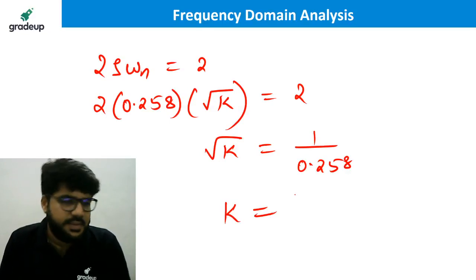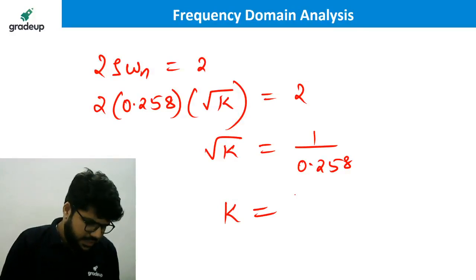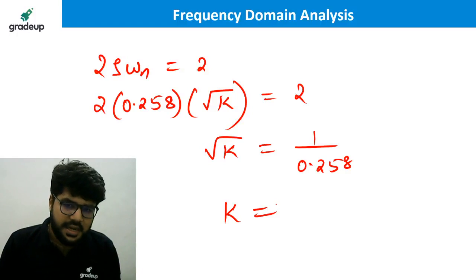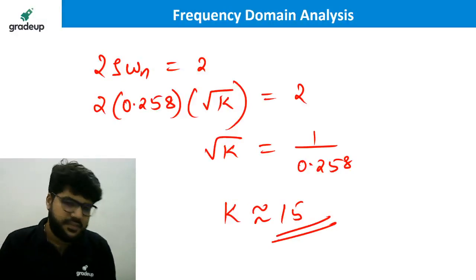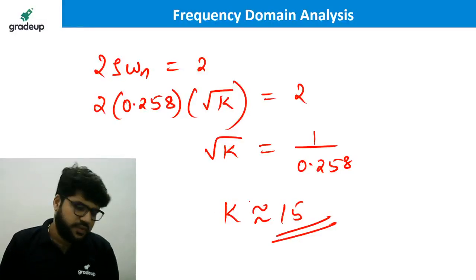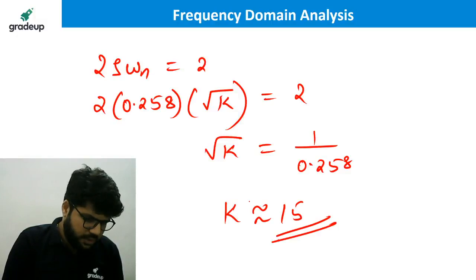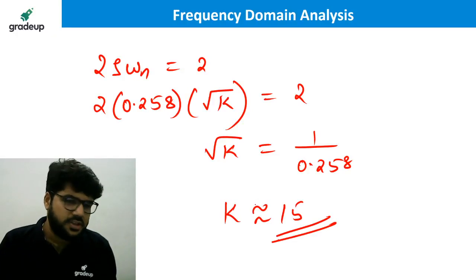So what will be K after solving? I get final answer approximately as 15. Approximately as 15. Okay, if I go with 0.258. Yeah, 14.98 also you are getting.